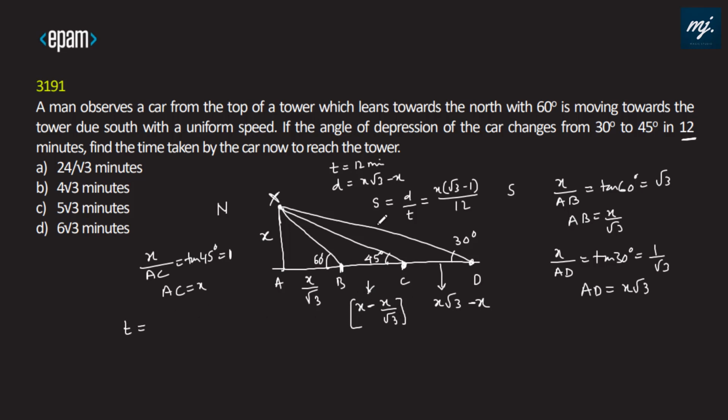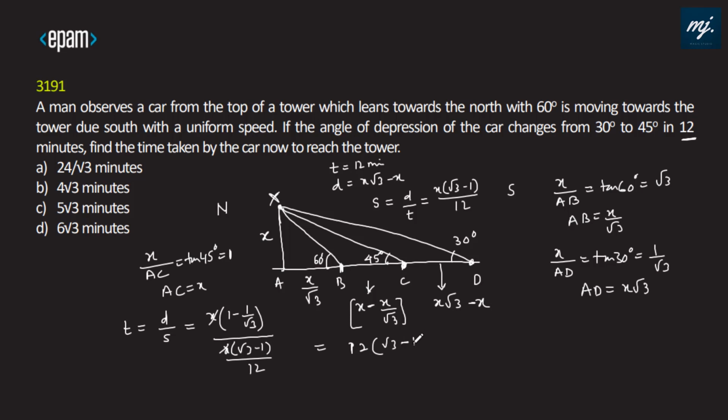Now the time formula is distance by speed. The distance that this car needs to travel is x into 1 minus 1 by root 3, divided by the speed. Speed is x into root 3 minus 1, by 12. Now let's solve this. x cancels, this 12 will go up.